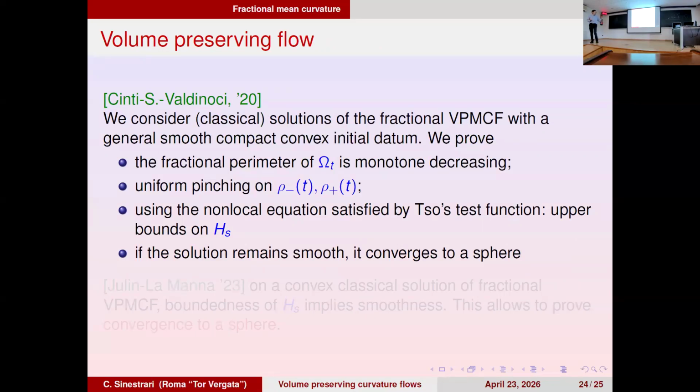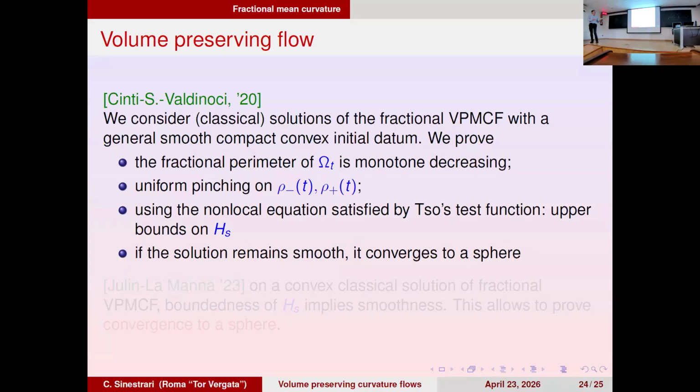So, to go very quickly, Eleonora Cinti, Enrico Baldinoshi and I basically reproduced the same strategy of proof I described before. In this case, this was not the whole story, because we didn't know that if the curvature is bounded, then the smooth solution continues to exist.